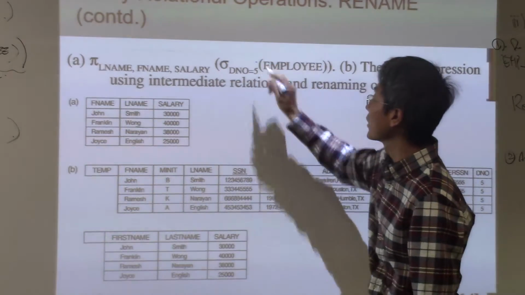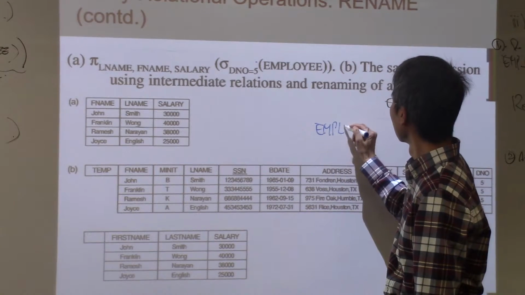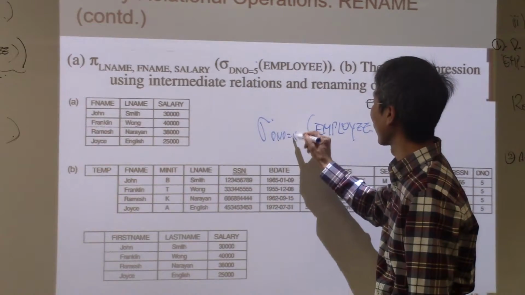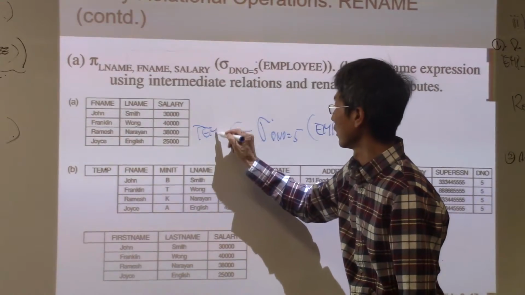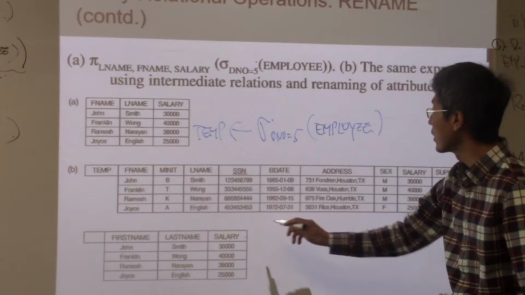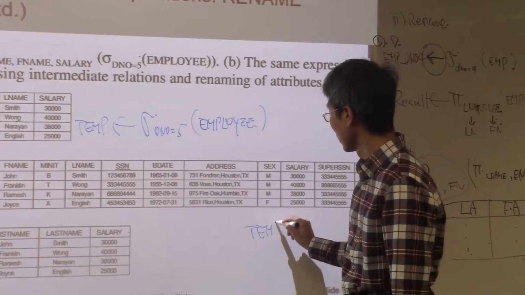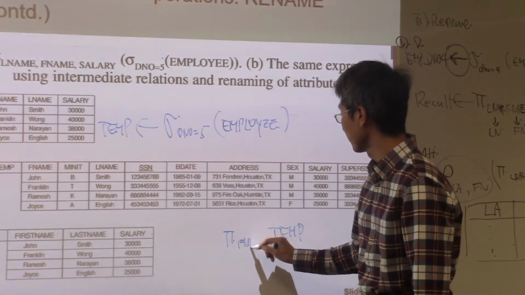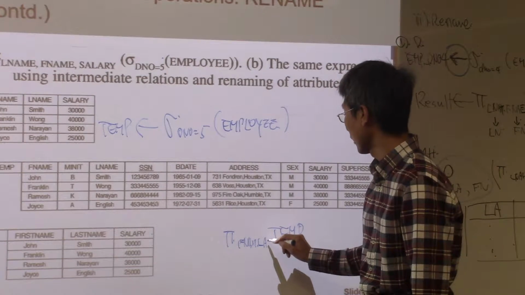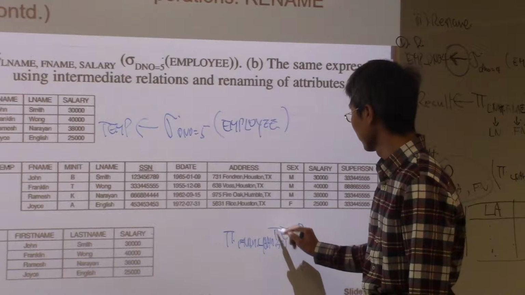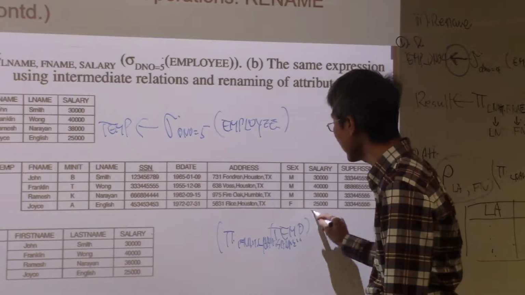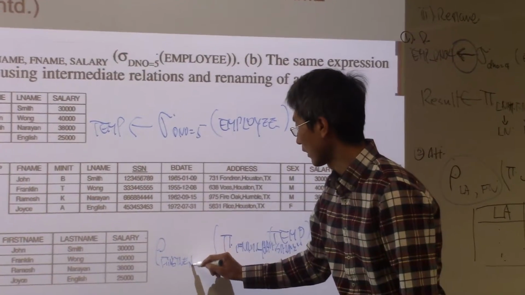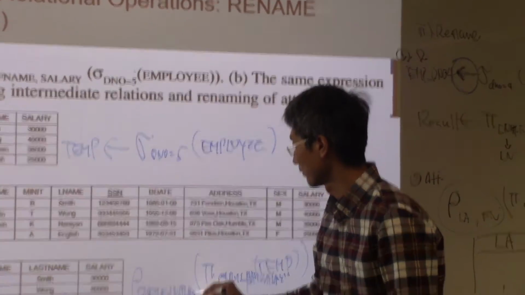From employee, we select DNO equal to 5, and rename it as temp. Then from temp, we apply the projection on first name, F name, last name, L name, and salary, and rename them with first name, last name, and salary.